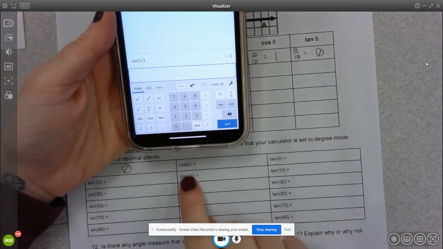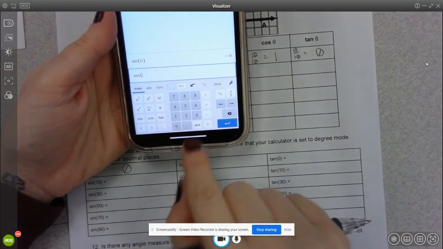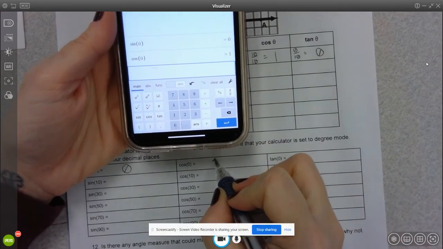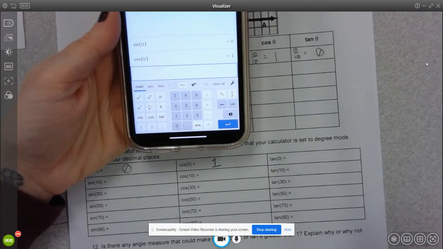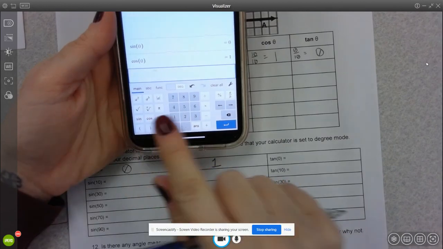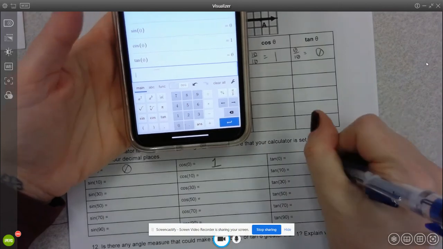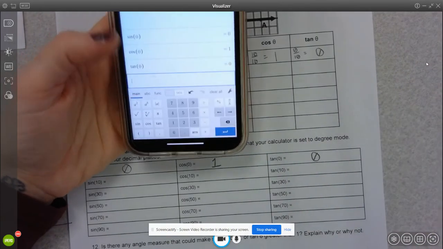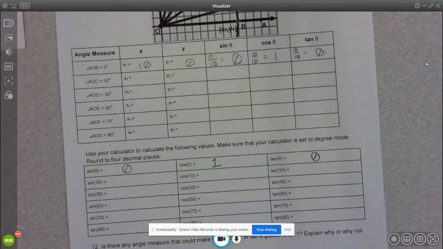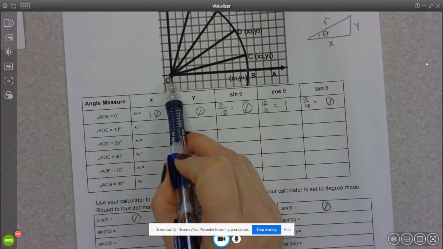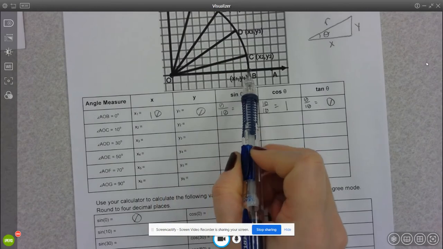The next one I have is cosine of 0, so I'm going to hit cosine of 0. And look, I got 1. Hooray, that's what we got before. And then I'm going to hit tangent of 0, and once again, we have 0. All right, so that's if the angle is 0. This is 0 because the terminal side and the initial side are identical.